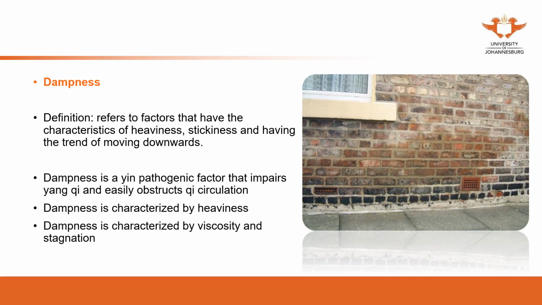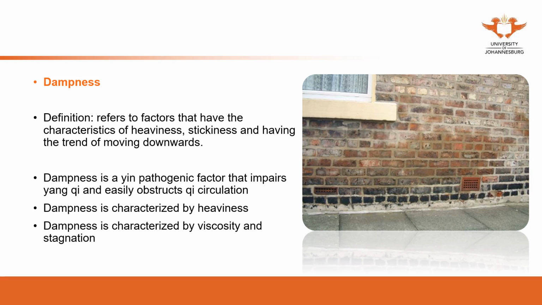But when we compare coldness and dampness, coldness is something you can't see. It's formless. And dampness, as you can see from the picture, is something you can see. This means that the physical objects in our body will obstruct qi circulation.